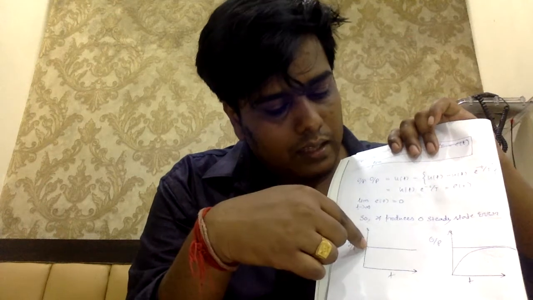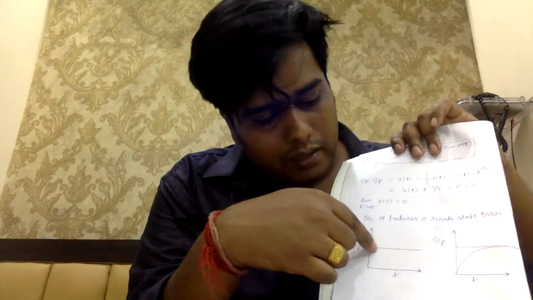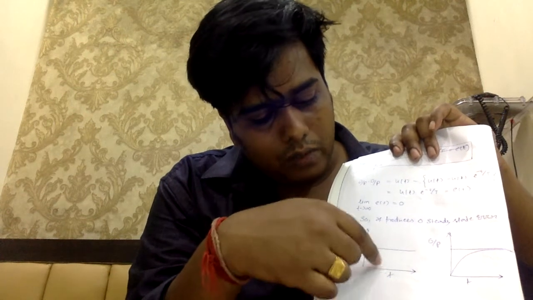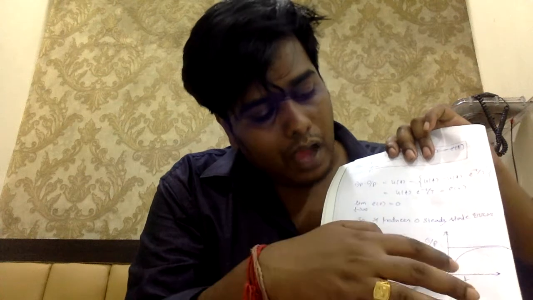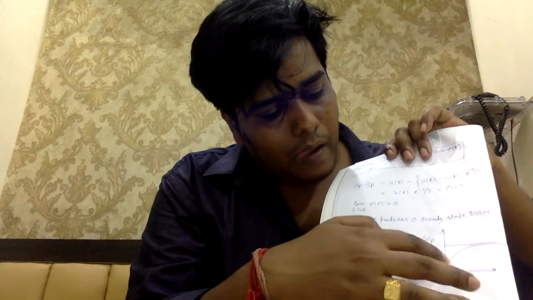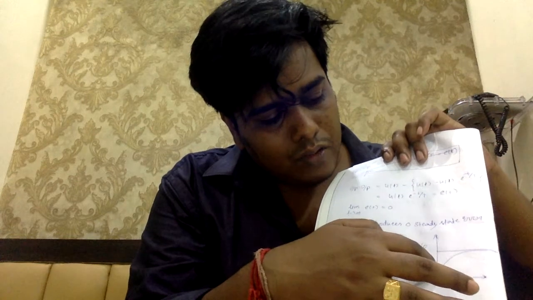Here u(t) is the input, the straight line, u(t) equals 1 for all t greater than or equal to 0. But the output initially has a transition. Now gradually it reaches the value that is expected from it. So the steady state error becomes 0. So it is a favorable system.